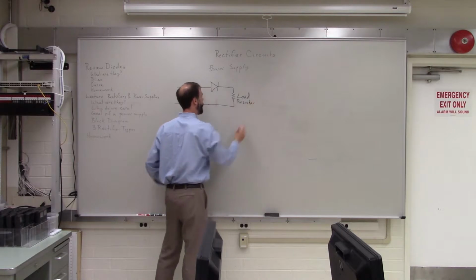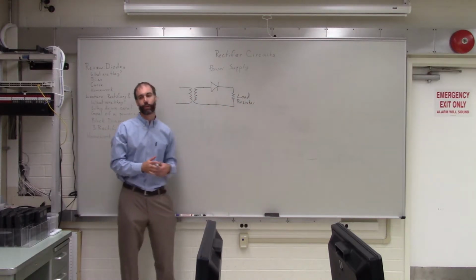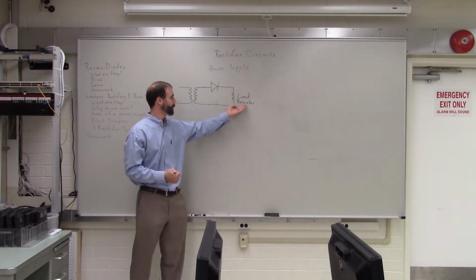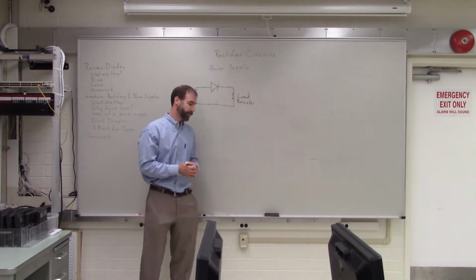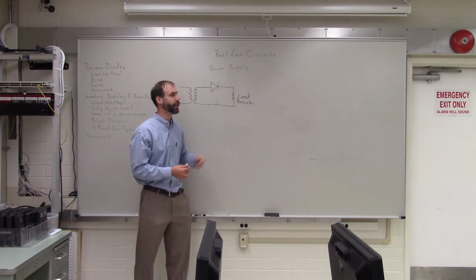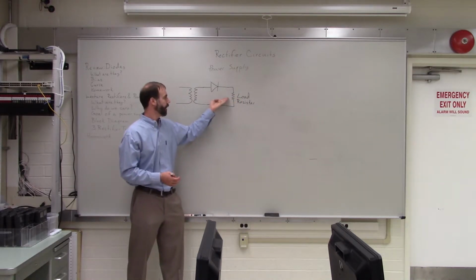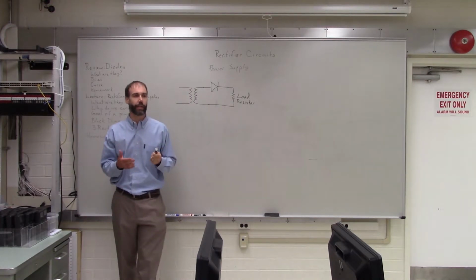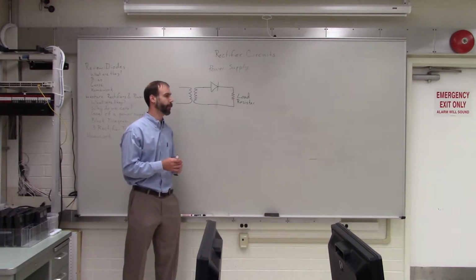resistor. Now this is a stand-in. This represents the thing that you're trying to power. So if you were charging a battery, this would represent the battery that's being charged up. If you were powering a computer, this would represent the computer. Basically, a lot of different things behave kind of like resistors. So we just use a resistor as sort of a stand-in or a dummy that represents the real thing.